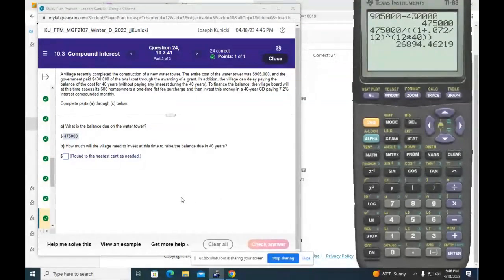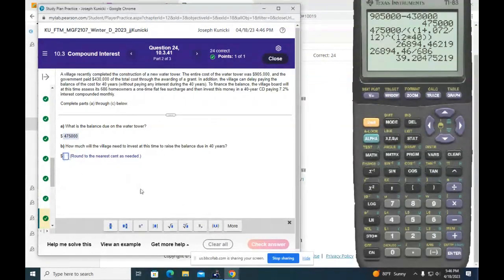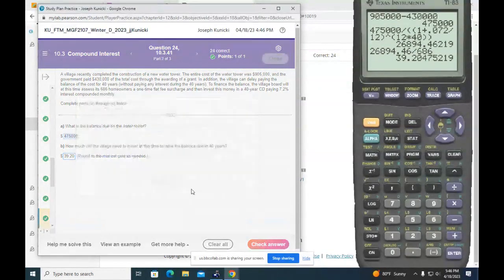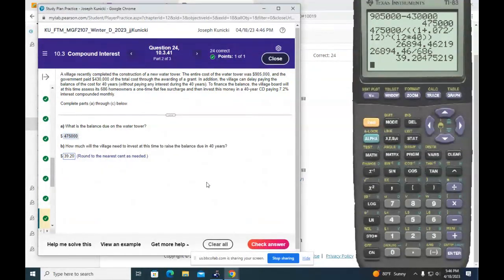So they need to put aside right now $26,894.46. So I take the 26,894 and 46 cents. I divide by how many people are in the village, 686 currently. So they'll each have to pay $39.20 to pay off the loan or pay off the balance. Okay, something's wrong.